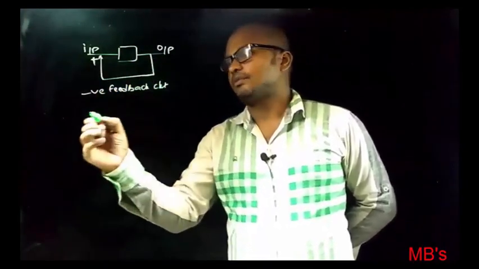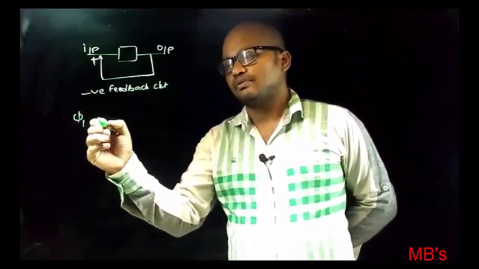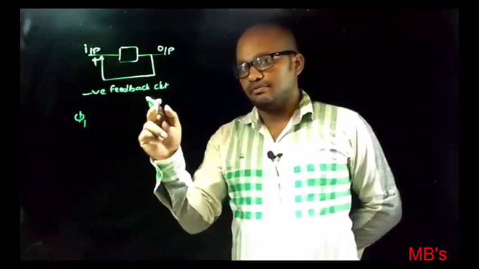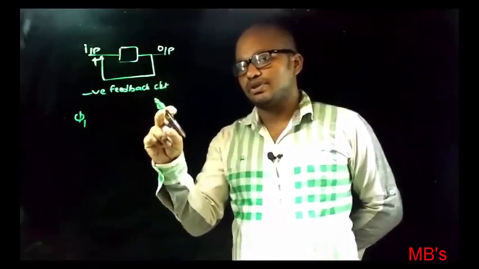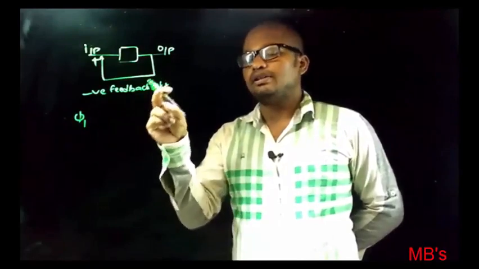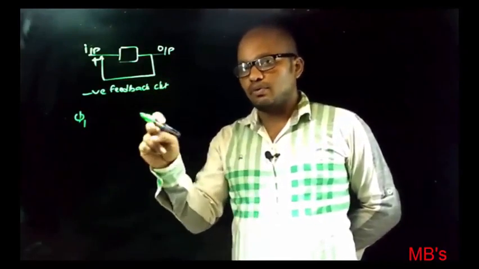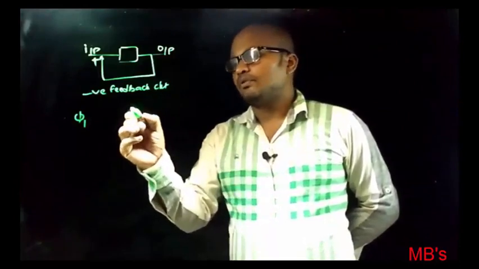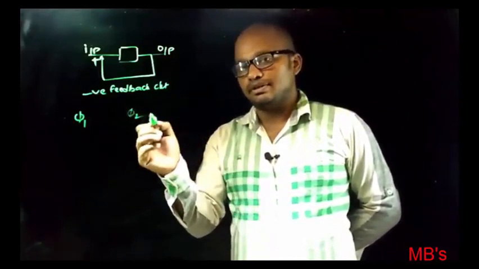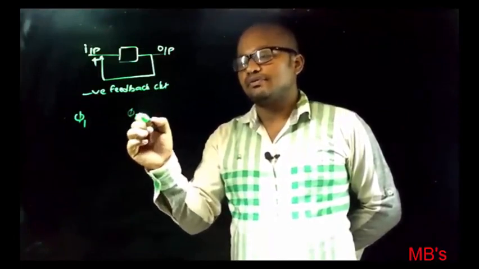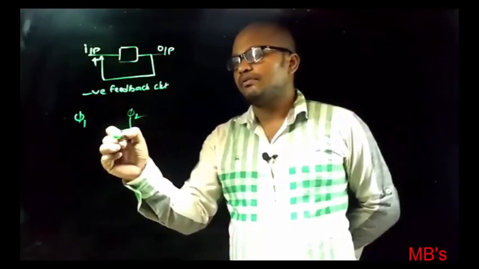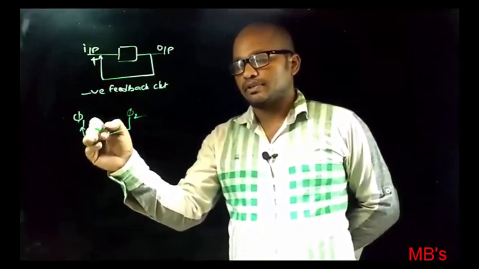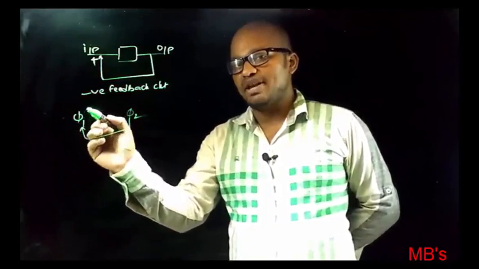And in case of transformer, if this is the input flux phi1, and because of the flux phi1 linking with secondary winding of transformer, EMF is induced in secondary winding of transformer, and if load is connected, then current will flow in the secondary winding of transformer, and because of which flux phi2 will be created, and this flux phi2 will be fed back to the primary winding of transformer, and which will oppose the main flux.